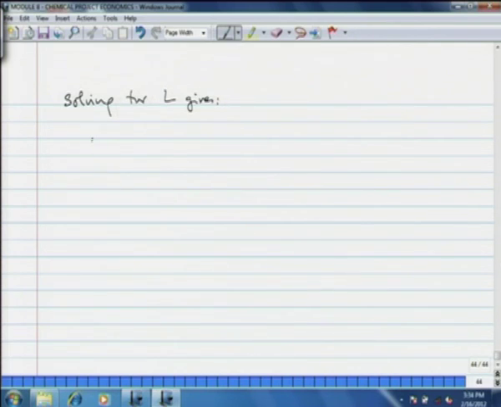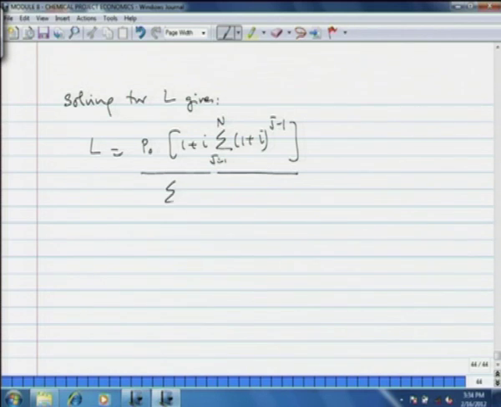L equal to, just a rearrangement of the previous expression, P0 into (1 + I) summation j running from 1 to n of (1 + I)^(j−1) divided by summation j running from 1 to n of (1 + I) raised to j − 1.